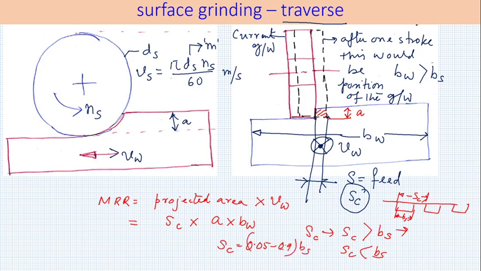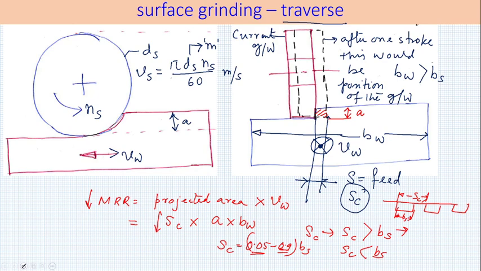If this particular multiplier is large, then you are going to have a rougher surface. If this multiplier is less, then you are going to have a smoother surface, because if this is less, the same area which has been ground earlier would be finished by the grinding wheel again and again, and you are going to get much better finish. But definitely, as SC goes down, material removal rate would also go down.